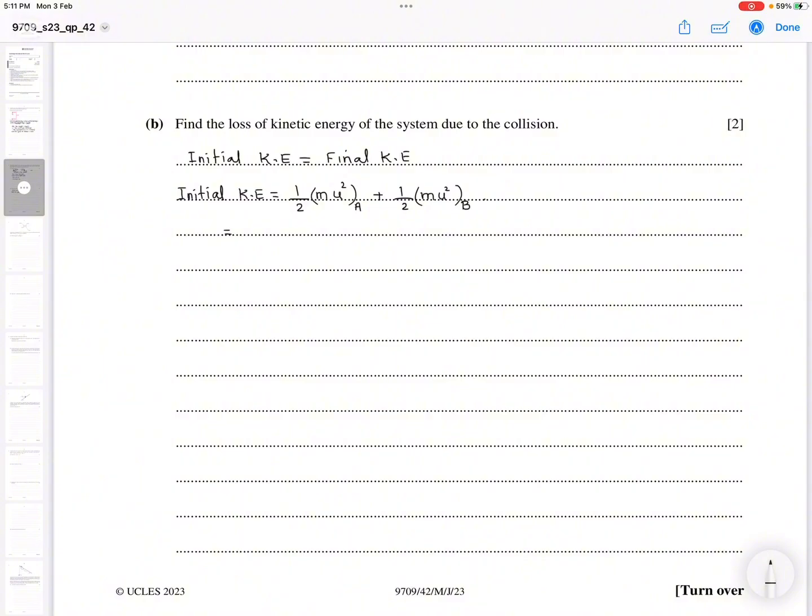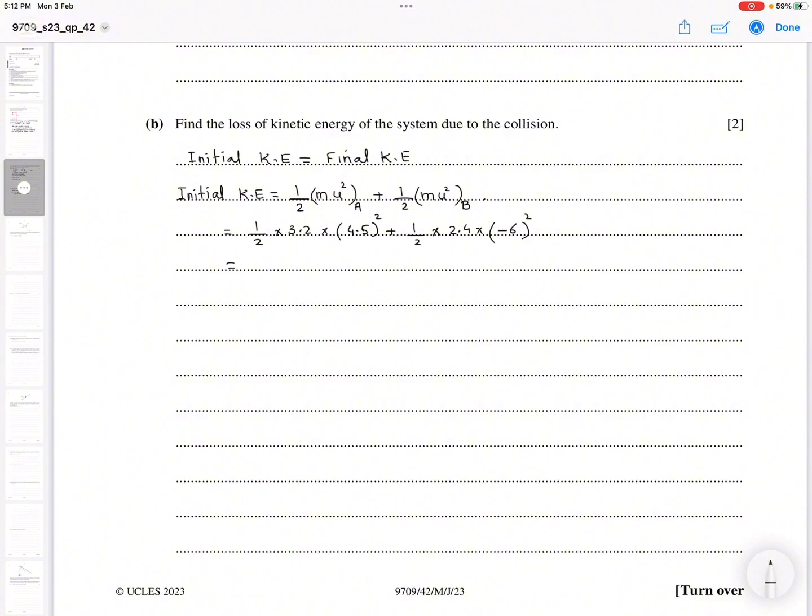Now if we place the values we will get 1 over 2 times the mass of A, which is 3.2, times our initial velocity 4.5 squared, which we just found out in the previous part, plus half mass of B, which is 2.4, times its initial velocity negative 6 squared.